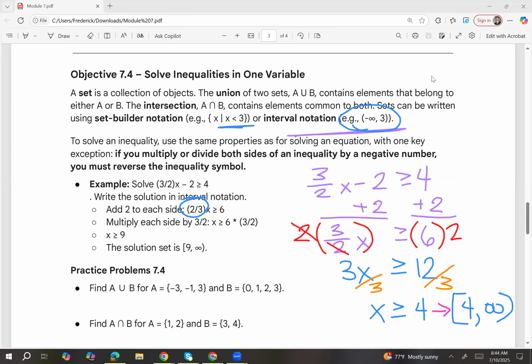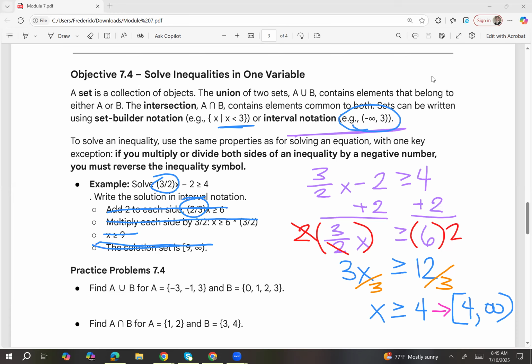It should remain 3/2 like we were given in the original expression. So there's a typo there, that's why it looks a little bit different, and that's wrong. So follow what we did on the right-hand side there. You should end up with x is greater than or equal to 4, and that corresponds to that interval, square bracket 4, comma, infinity, paren as our final answer.